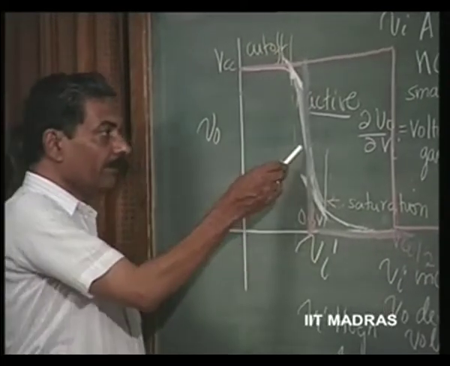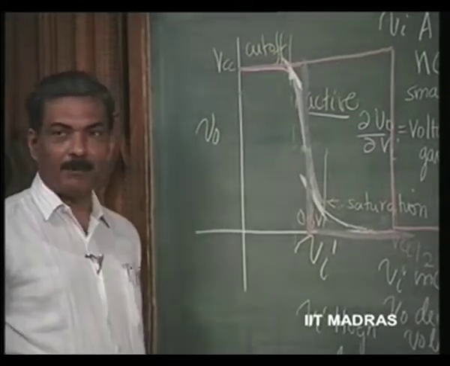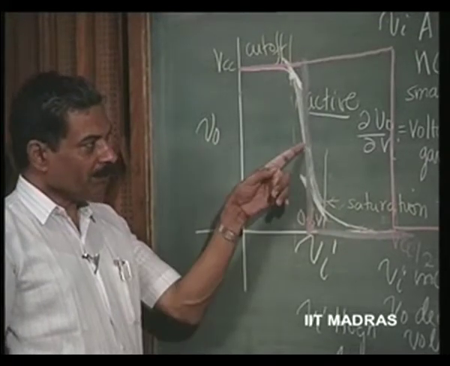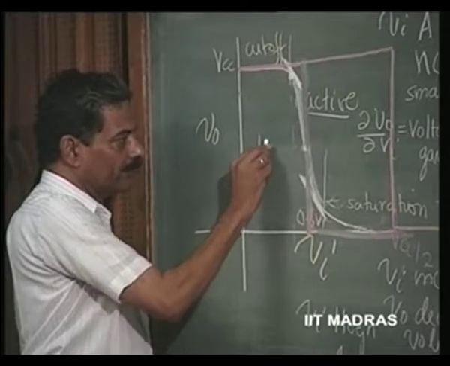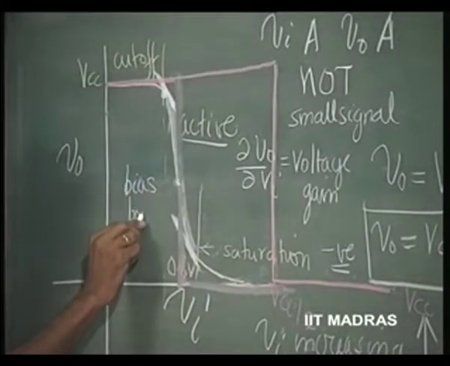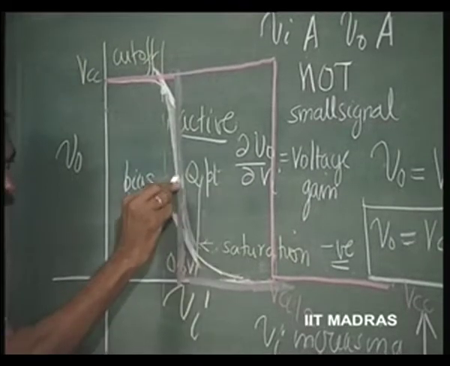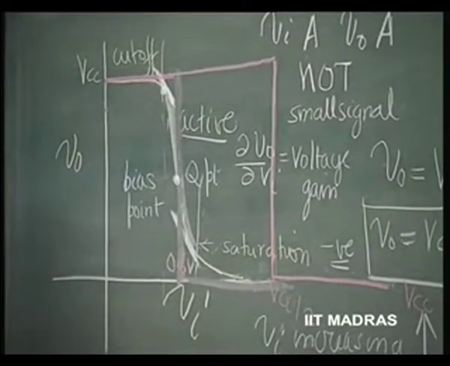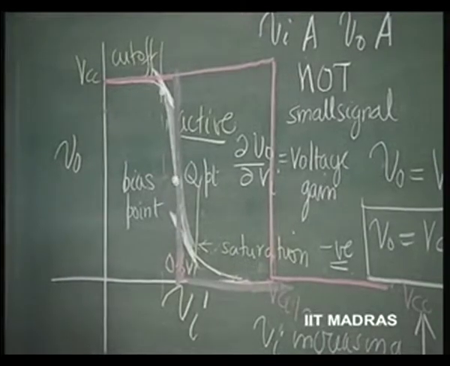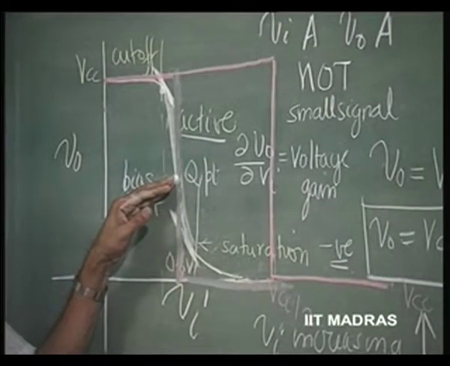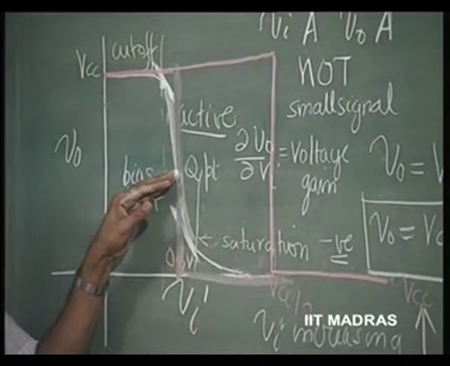Now, if it is operated at a certain operating point for using it as an amplifier, then at that particular operating point, bias point or Q point, we have a voltage which is a DC voltage, over and above which we can superimpose our time varying signal.